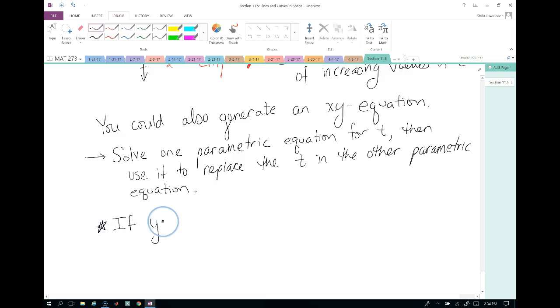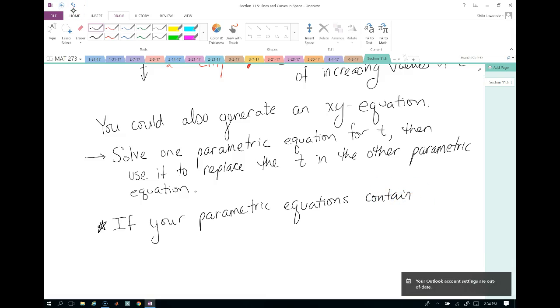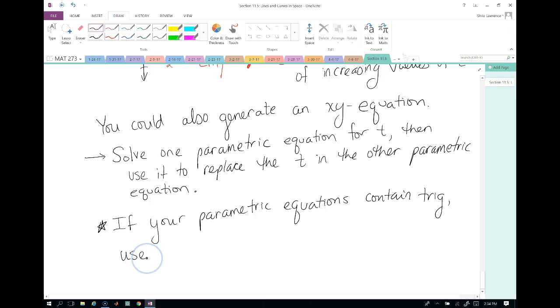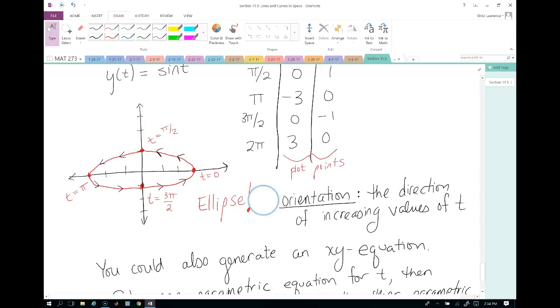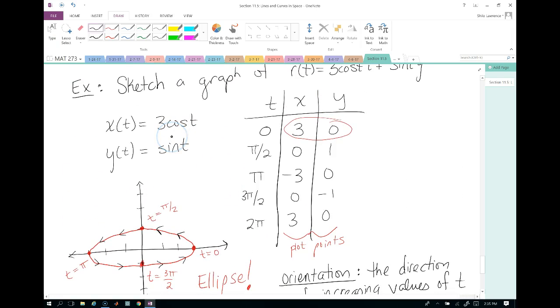So if your parametric equations contain trigonometry, we're going to try to match them up with some sort of trig identity. And which trig identity you use is dependent upon which trig functions you have in your parametric equations. We've got sine and cosine.